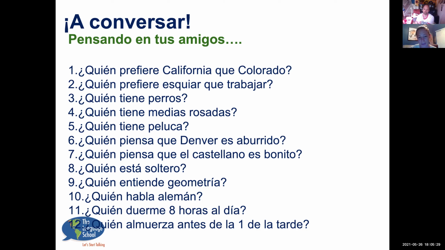Mi amigo Blake piensa que Denver es aburrido. ¿Quién piensa que el castellano es bonito? Mi amigo Killian piensa que el castellano es bonito. ¿Quién está soltero? ¿Qué significa? Soltero es single. Oh, single.